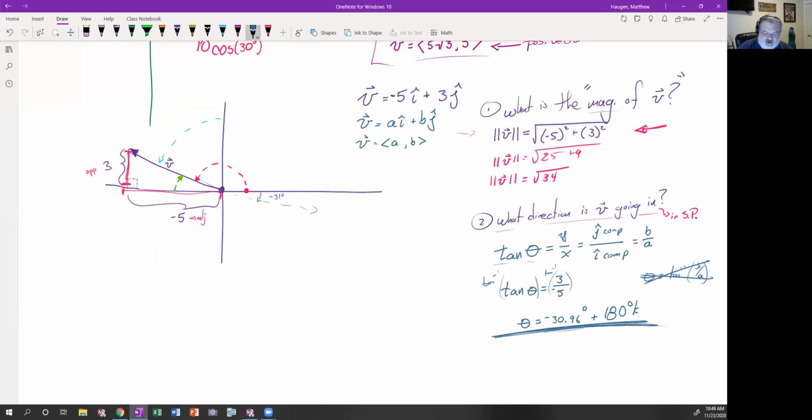So the one we probably want is the negative 31 plus 180 degrees, which is what, 149 degrees? That's probably the one that we want. 149 degrees. Fair? Yes. That's right.